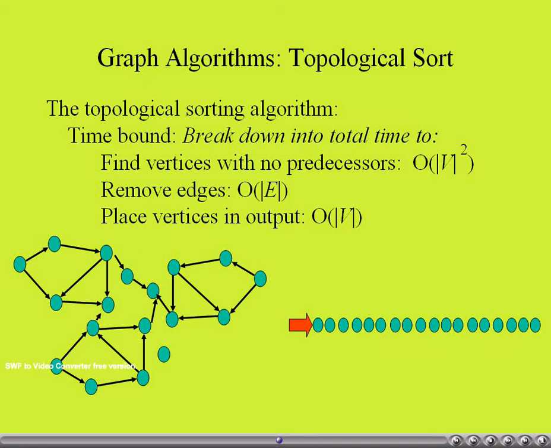In summary, if the graph is represented in adjacency list fashion, we require order of V square time to find the predecessors, order of E computations to remove edges, and order of V to push the vertices into the output list. The order of complexity of this algorithm can be said to be order of V square plus E.